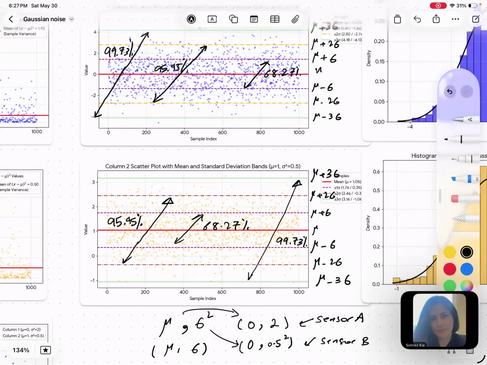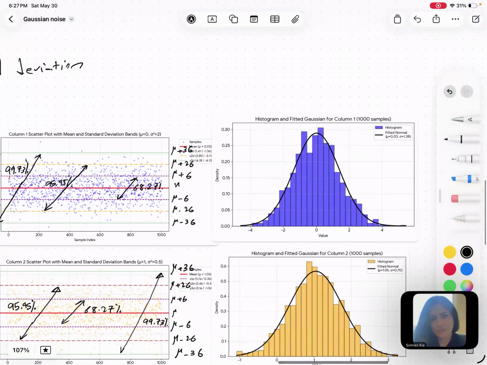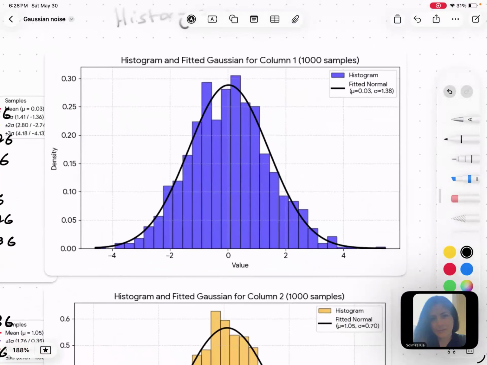So now let's get to how do we know whether this is a Gaussian distribution or not. To get to that point, what we can do after collecting our data is to draw something called a histogram. So to draw a histogram, I'm going to give you what you would need as a practitioner to put these plots quickly together: look at the range of the data that you have.